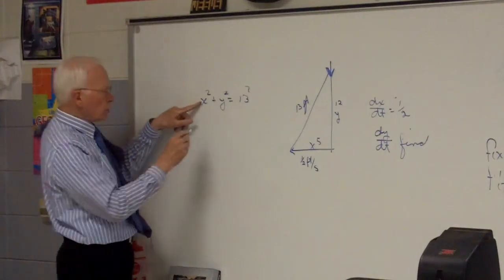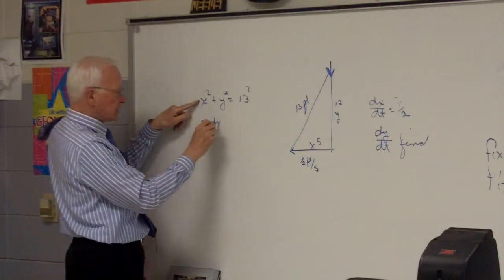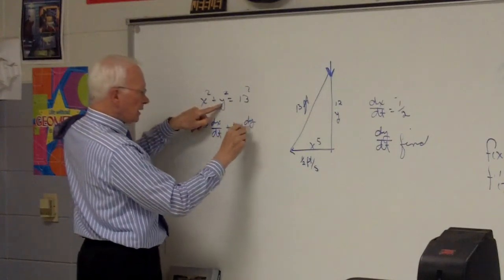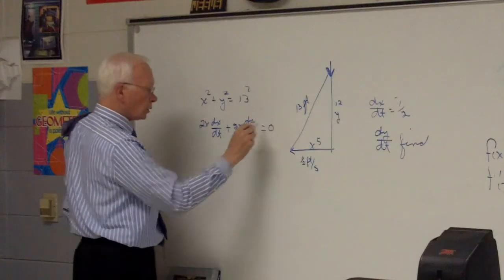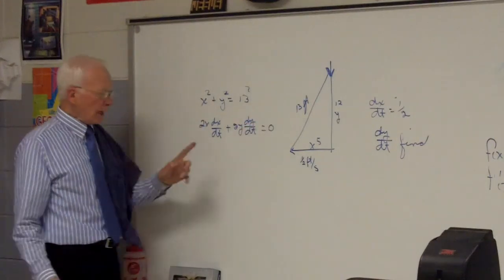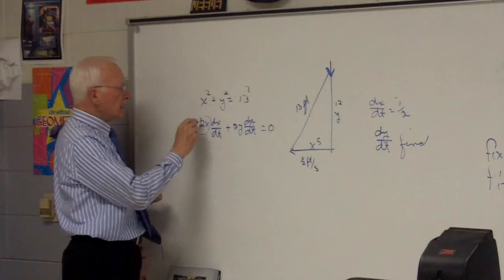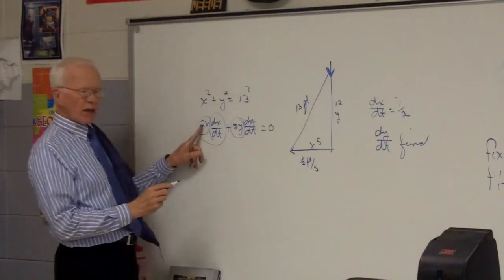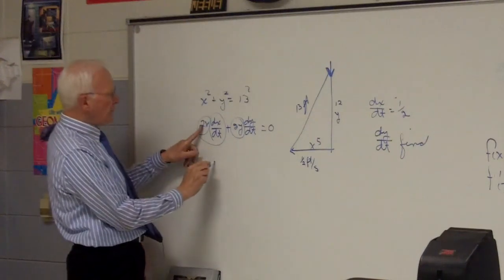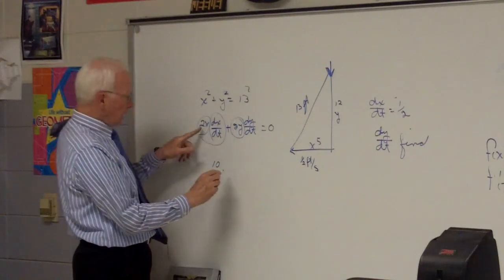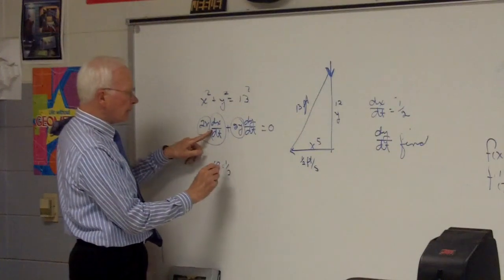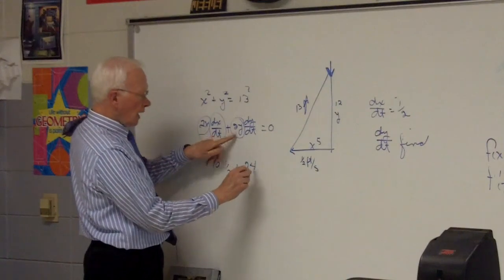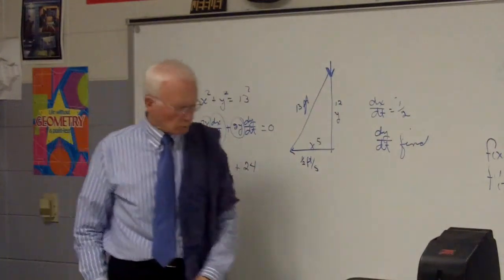The differential of this is 2x dx/dt plus 2y dy/dt equals 0. The 2's cancel. Now you know these parts, and you find this. Because x is equal to 5, dx/dt is 0.5, this is going to be times 1/2, and this is going to be plus 24. And then you find that. Okay, thank you. Number 9.